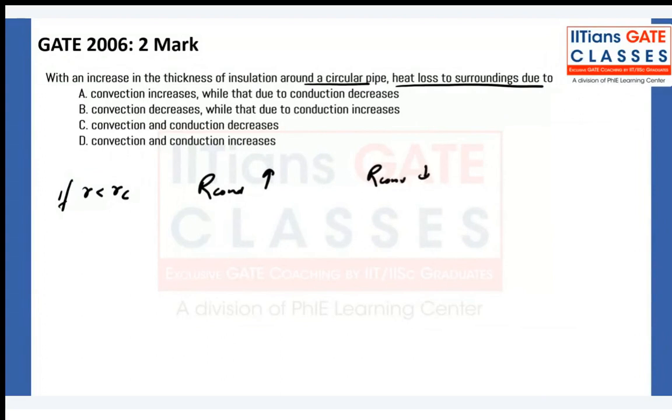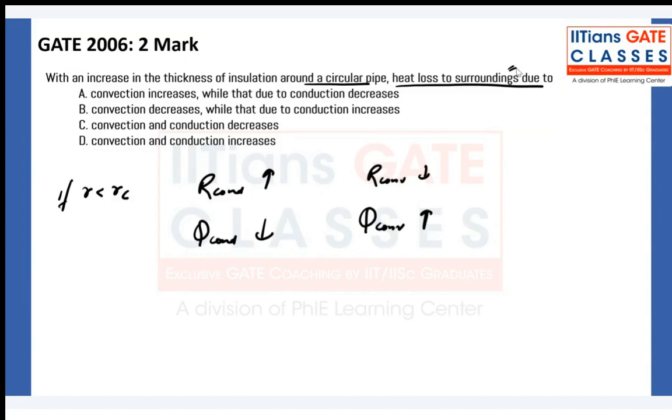So heat transfer due to conduction is decreasing, heat transfer due to convection is increasing. A is the right answer.